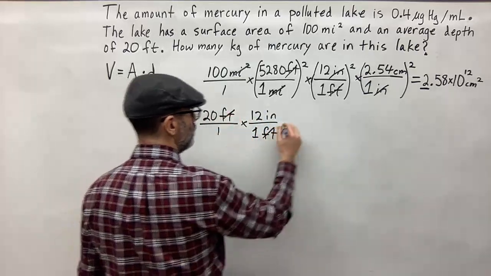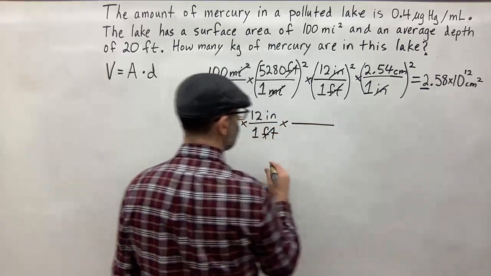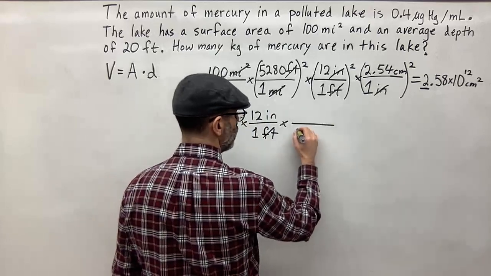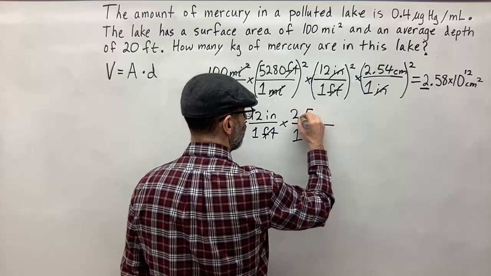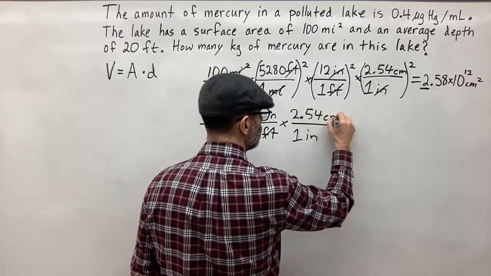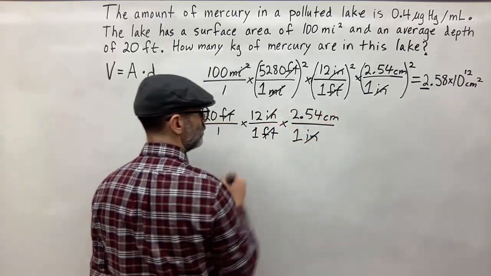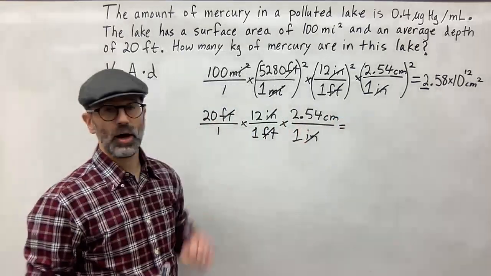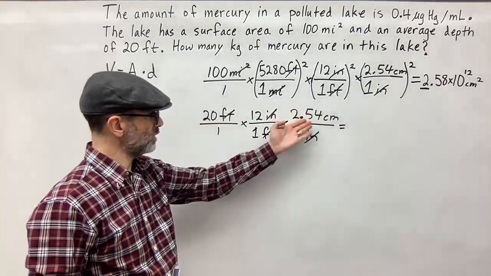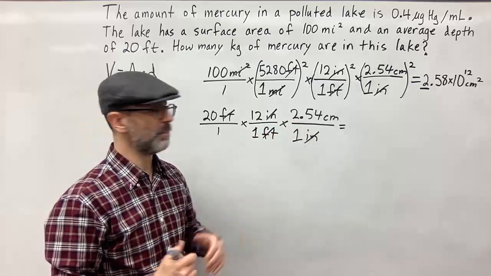Feet cancel out. And then we're going to convert inches to centimeters. 1 inch on the bottom, 2.54 centimeters on top. Inches cancels out, and I have centimeters. So now all I have to do is multiply across the top, divide by the bottom, and I get my answer.